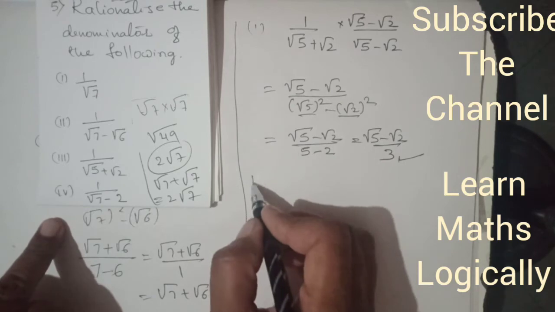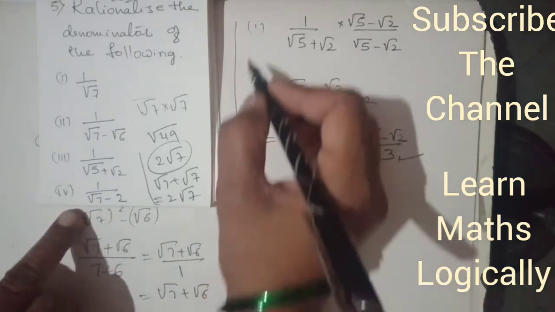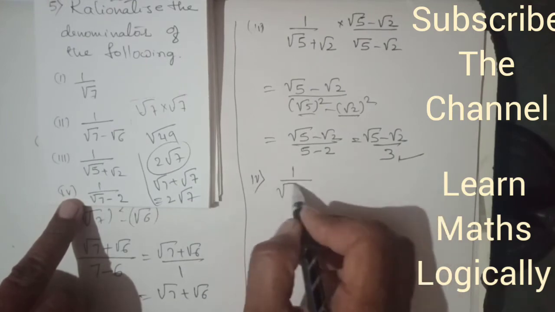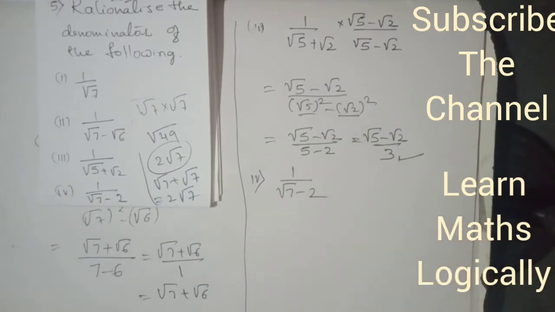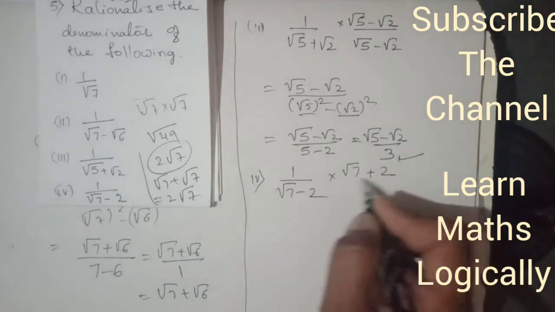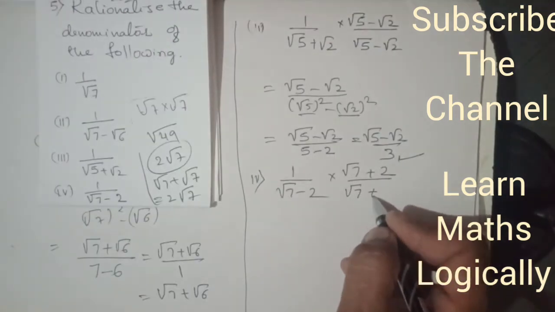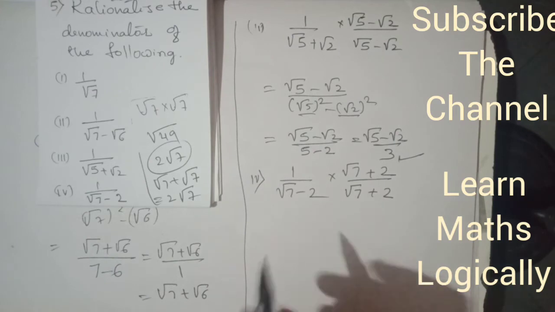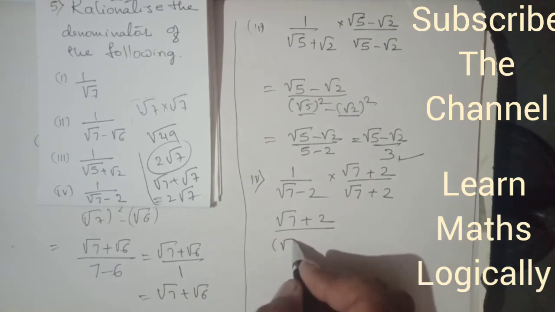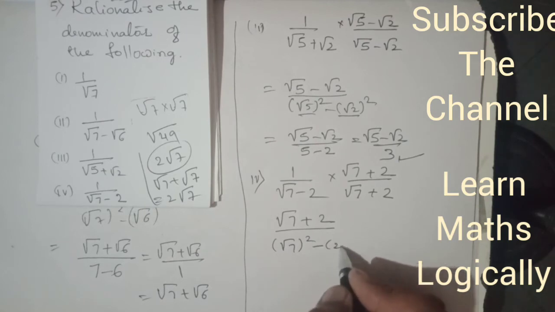Next we have the fourth one. This is the third one, and the fourth one we have is 1 upon square root of 7 minus 2. So what we are doing here is multiplying by square root of 7 plus 2, in numerator and denominator. So this is root 7 plus 2 divided by root 7 square minus 2 square.